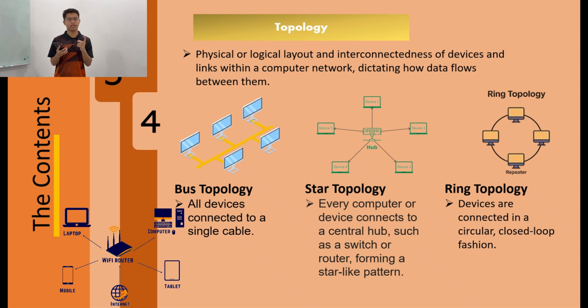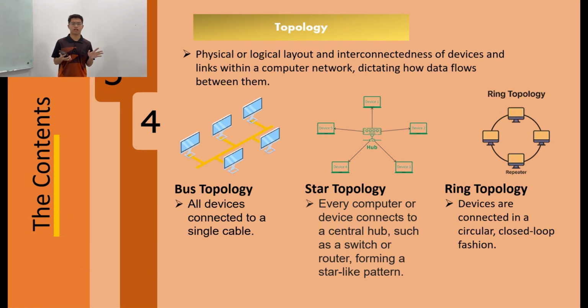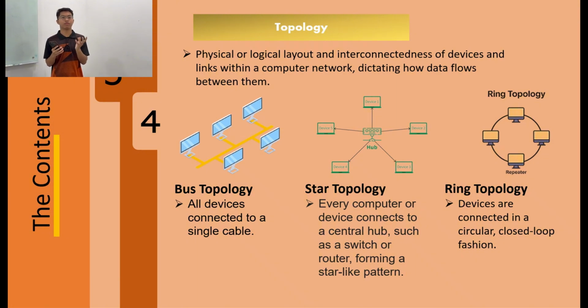But if only a single line is broken, only that device cannot connect, but the main network will still be connected. For the last one, I will introduce ring topology, in which all the devices are connected within a loop. For this topology, if one wire is broken, all the devices will be affected.